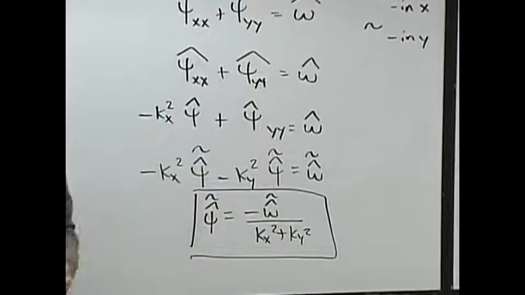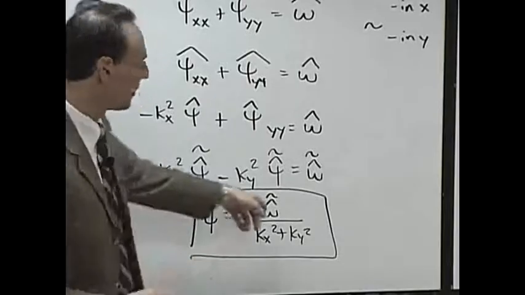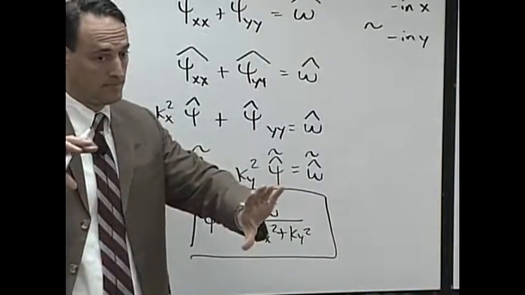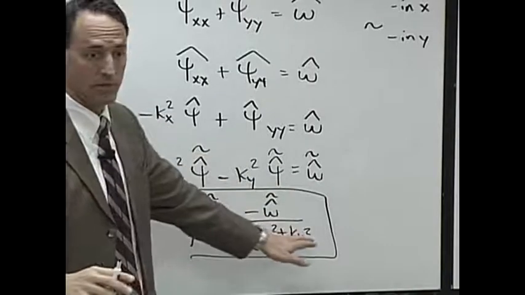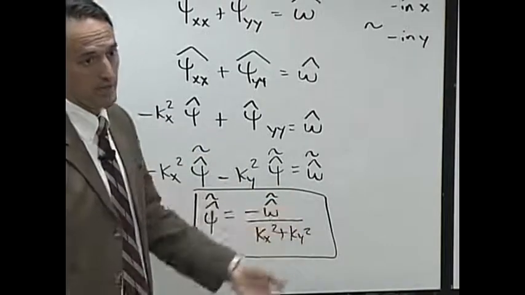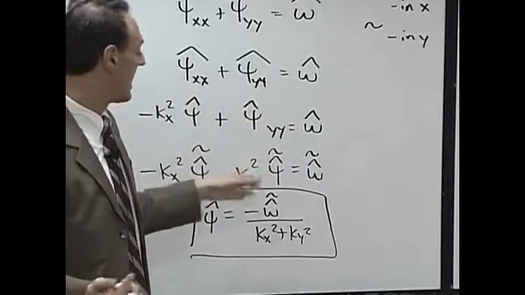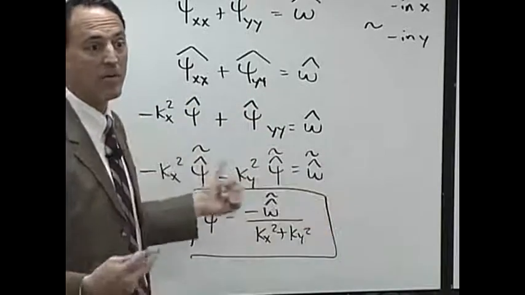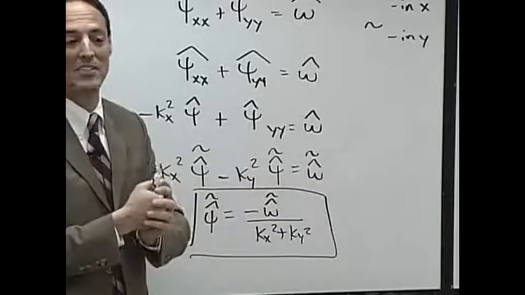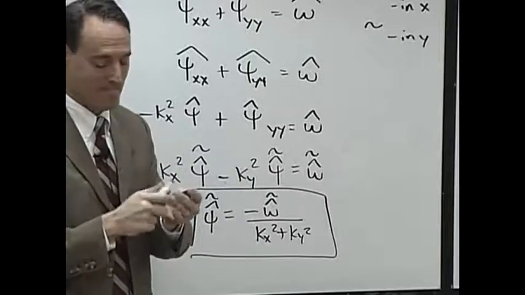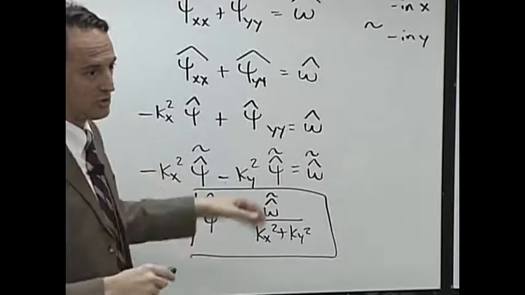If I want to solve this problem, I Fourier transform my vorticity field in x and y. Divide by kx squared plus ky squared. Put a minus sign there. And then inverse Fourier transform. And I'm done. It's n log n in, n log n out. As advertised, n log n. Okay? Pretty sweet. That's what you're going to do.